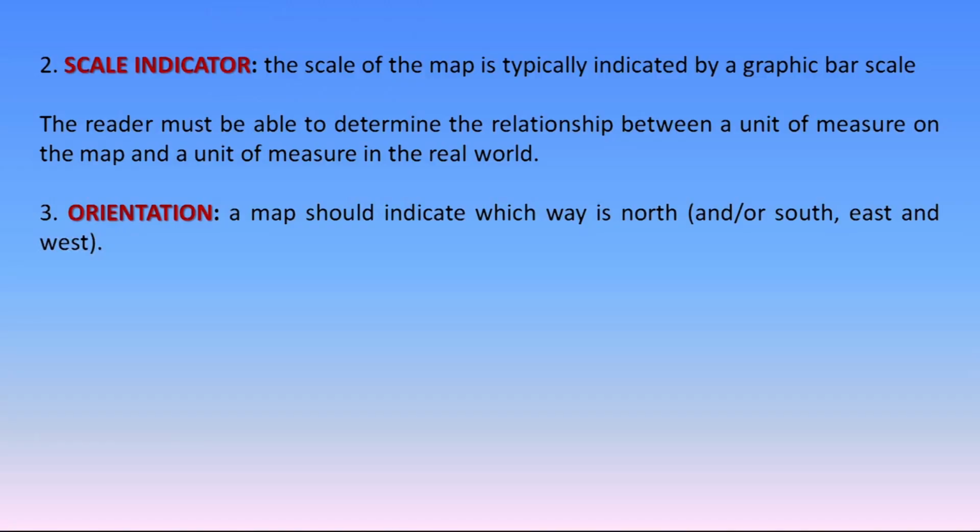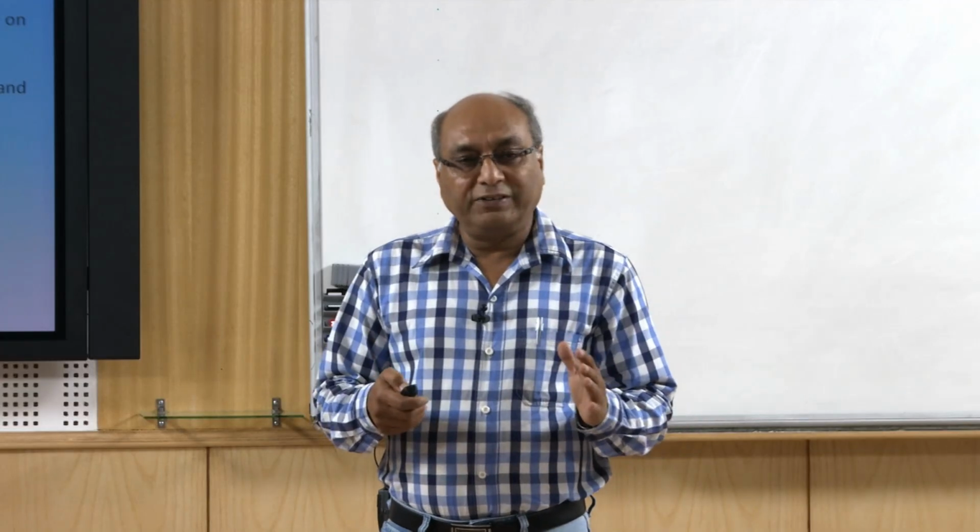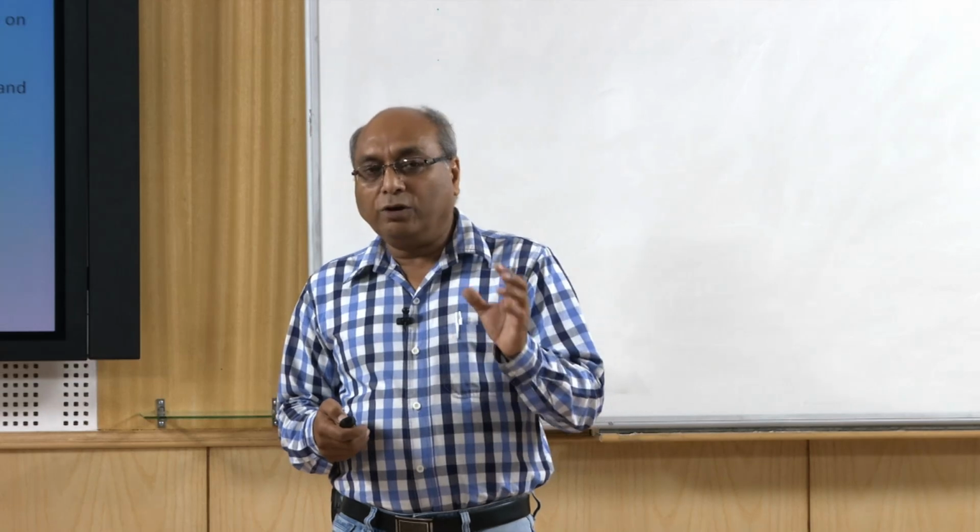Now orientation, this depends on the requirements. If it is normally laid out or presented, then north should be shown upward. If it has been rotated, then accordingly the north direction should be shown.